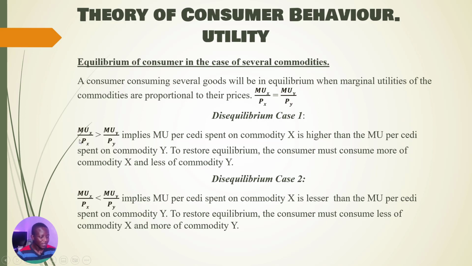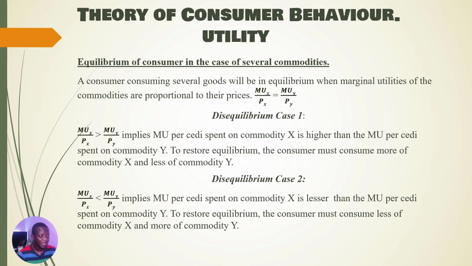The first instance is when the ratio of marginal utility of commodity X to the price of commodity X is greater than the marginal utility of commodity Y to the price of commodity Y.